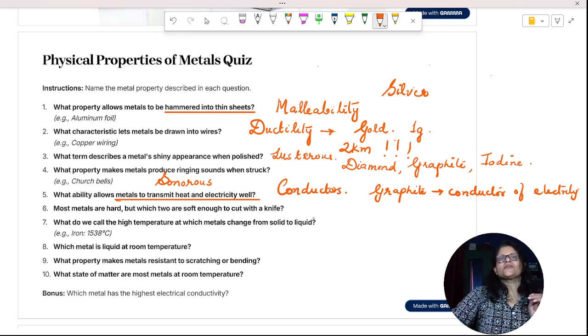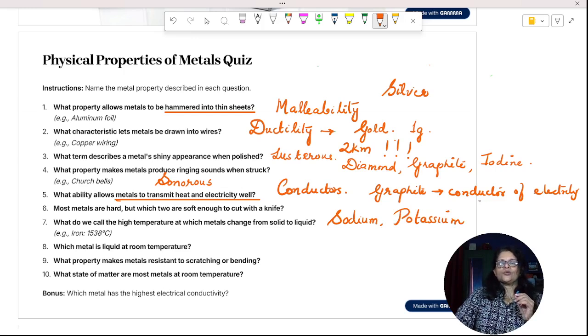Yes, these questions are almost always asked in GK quizzes and all. Yes, it is sodium and potassium. In between, can I ask you what is the symbol of sodium and potassium?